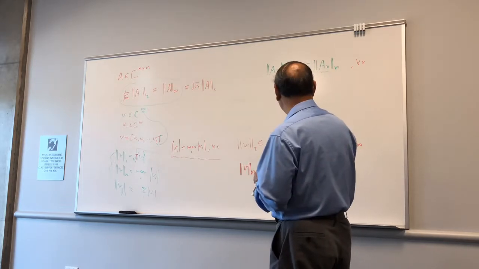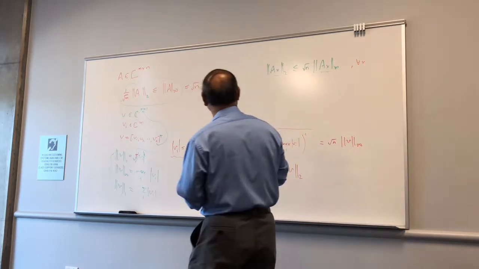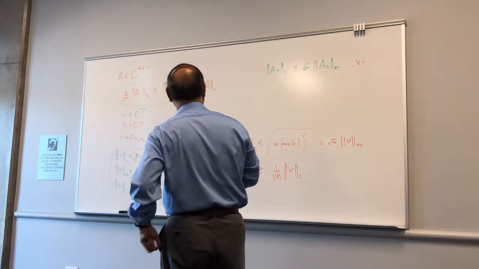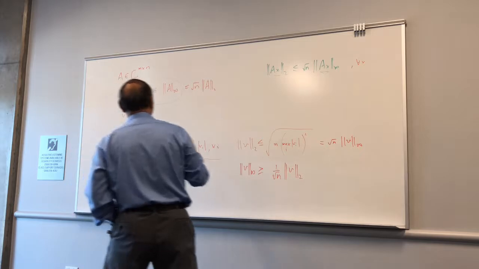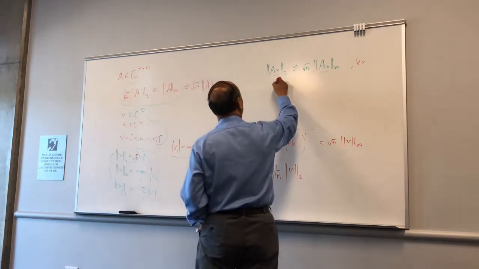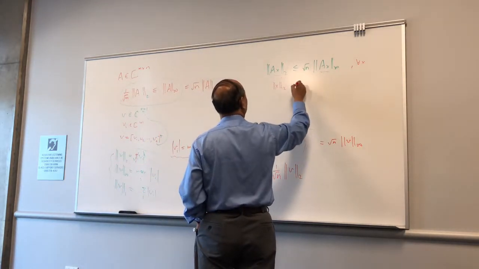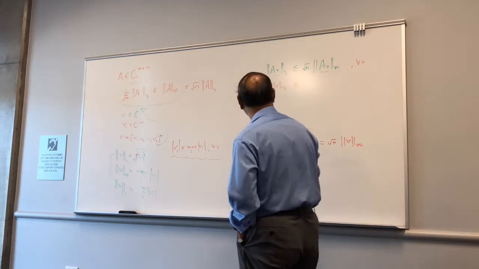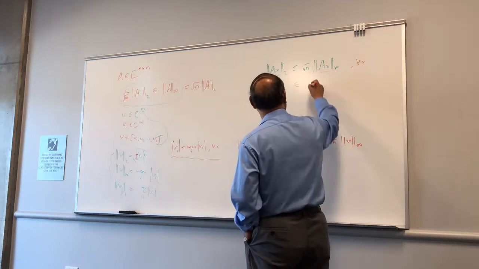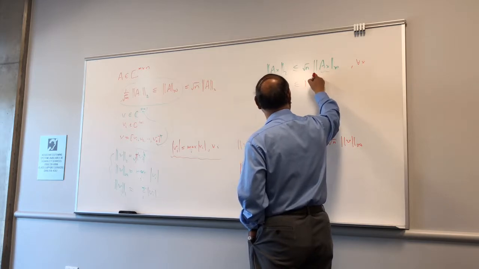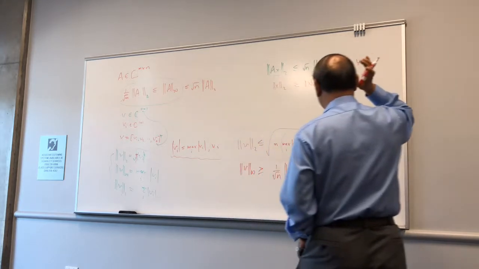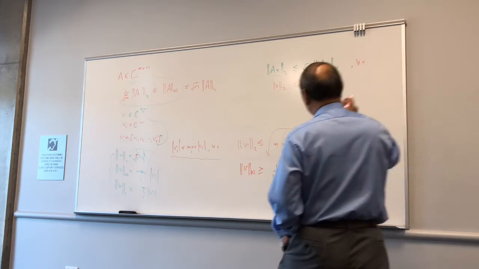So what I'm trying to do here is just divide it by, let's do this. I also know that my x 2 norm is also less than or equal to the x infinity norm, right? No, it's greater than.